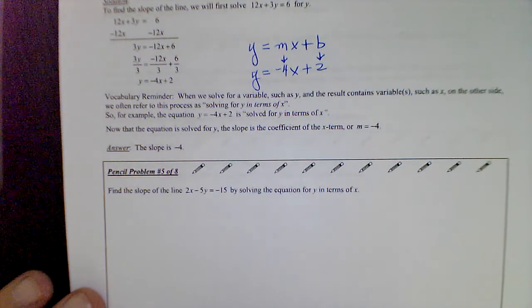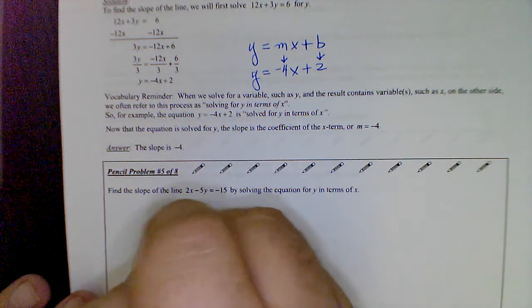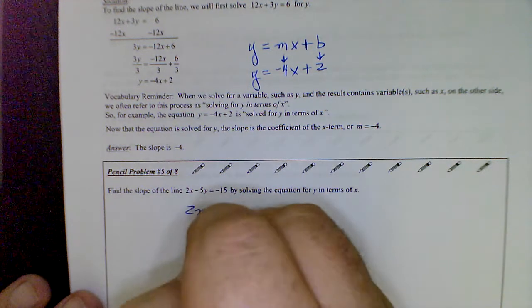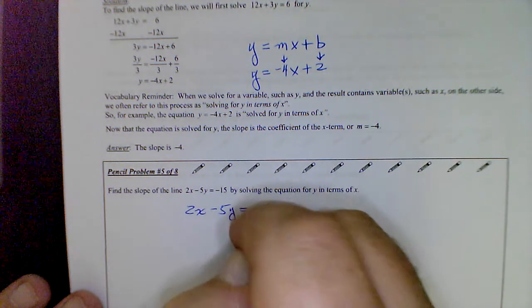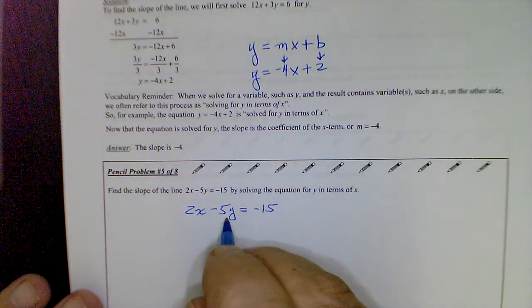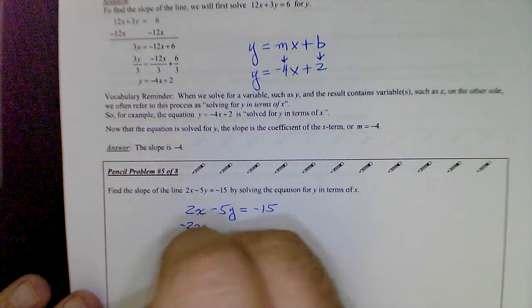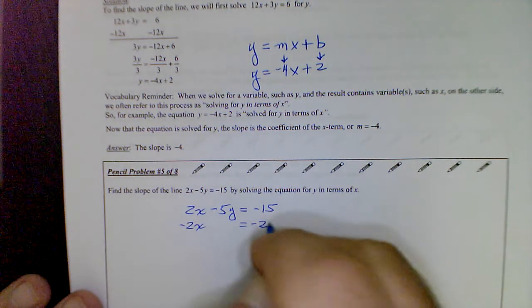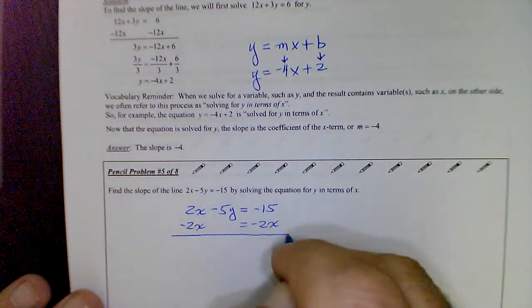So this asks us to find the slope, and we're given the line. This is what you might call standard form or general form. So we're going to isolate the y first by subtracting 2x from both sides of the equation.